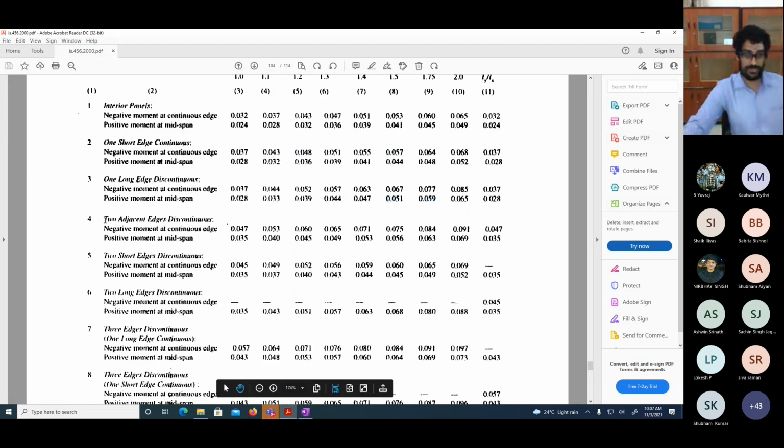So we have this, so you have to take this case. This aspect ratio is the same. It's 1.63, so therefore you can take midway between these numbers, 0.075 and 0.084, 0.056 and 0.063. So just have a look at that. The first one is negative moment. The second one is positive moment coefficient.